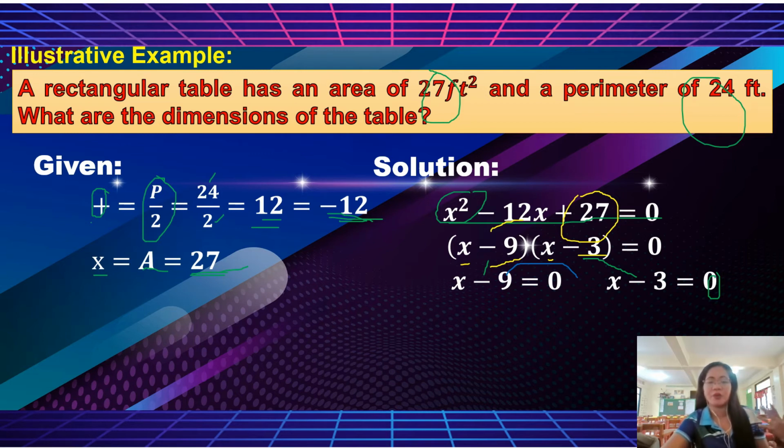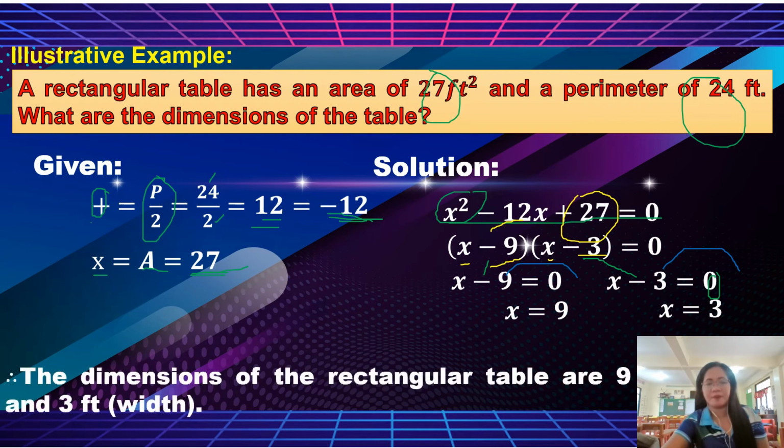So since we are going to transpose, again transposition, makaingon ta nga gitranspose na ang usa ka numero if nilabang siya sa equal sign. That is the shorter way of addition and subtraction property. So now, si negative, mao na siyang positive, and we are also going to transpose negative 3, and it is positive 3.